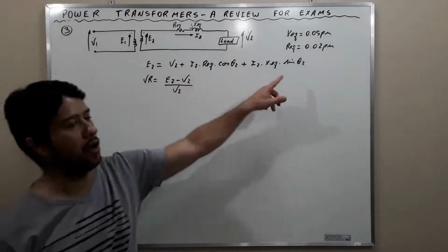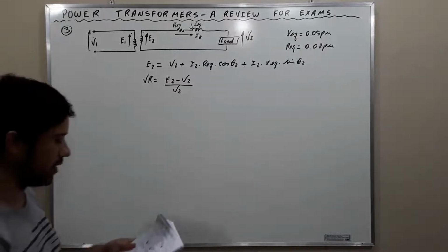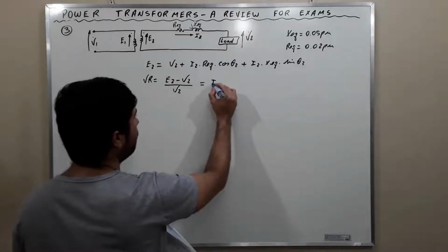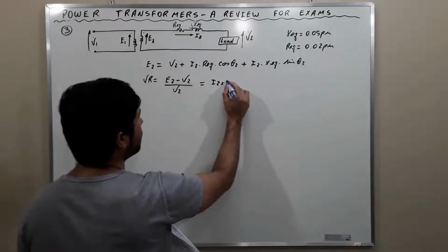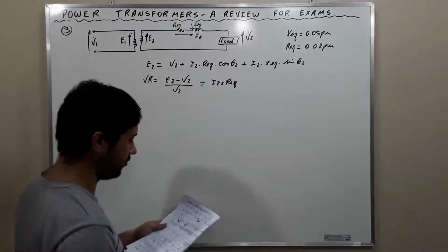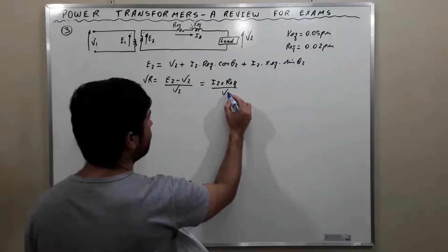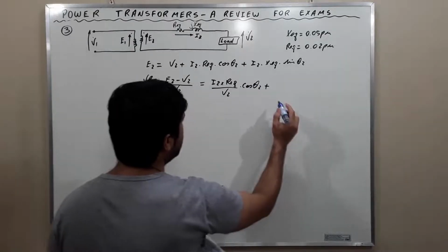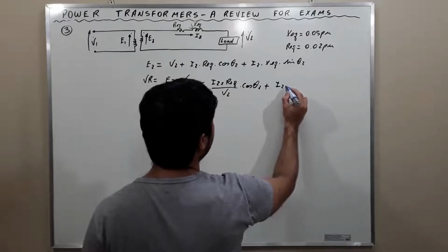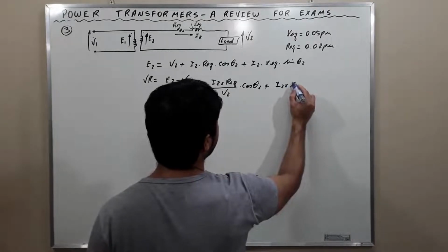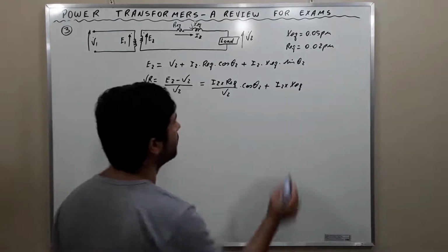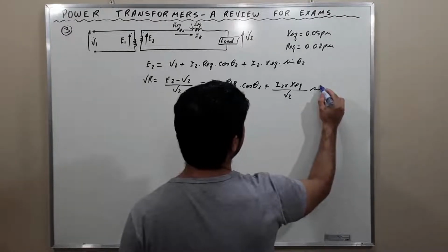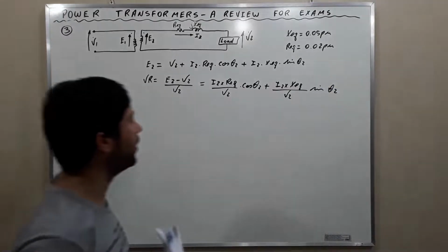And we divide it all by V2, and we get that the voltage regulation is going to be I2 times the equivalent resistance divided by V2 times the cosine of the angle plus I2 times the equivalent reactance divided by the voltage times the sine of the angle, okay?